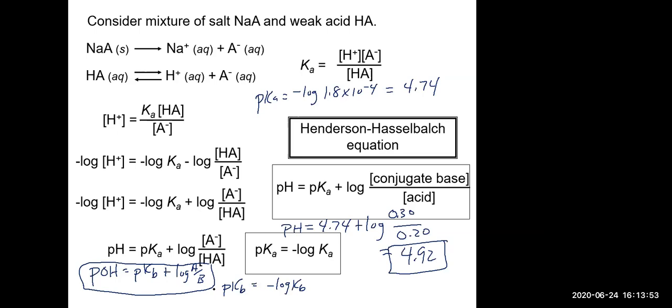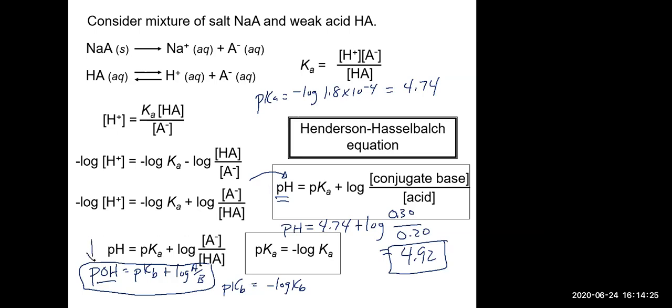Sometimes people use this formula for a basic buffer. I personally don't see the purpose of it, because in most cases you're asked to calculate the pH, and this gives the pOH, which means you eventually have to subtract from 14 anyway. You can use the Henderson-Hasselbalch equation for acidic or basic solutions; I personally would stick with it.